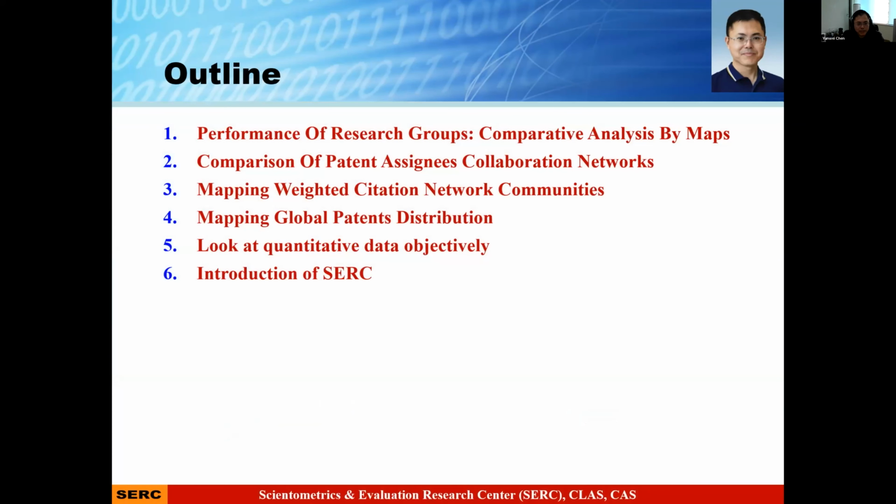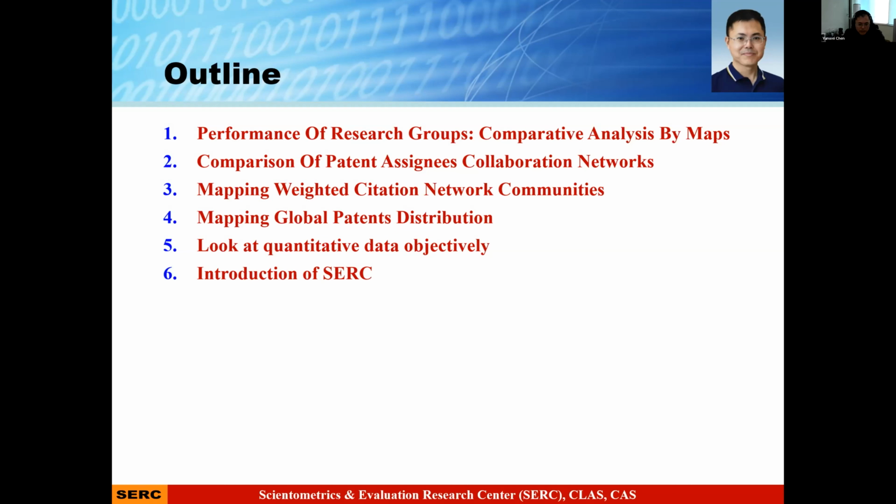In my presentation, I can separate it into 6 parts. Many of these are practices of evaluation work in our center. Each work involves some mapping results and how we think about using the maps to carry out evaluation work.